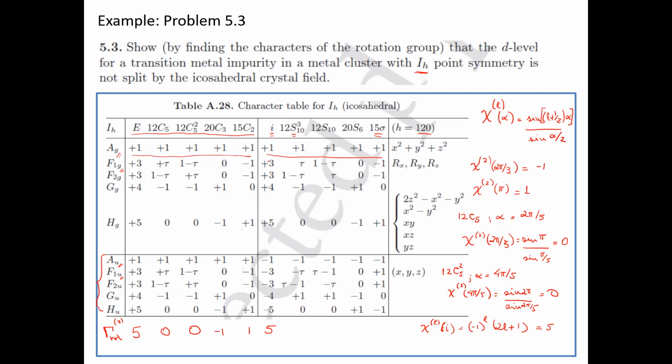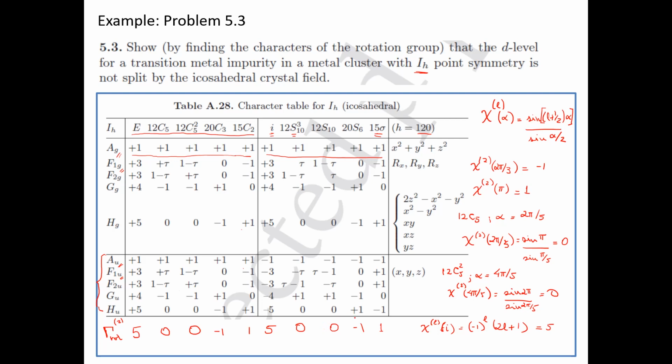So what I'm trying to say is that in this case, since we have an even representation, because L is equal to 2, so all these states are even under inversion, I will anticipate to you basically that the characters here are the same. 0, 0, -1, +1 for these other symmetry operations.